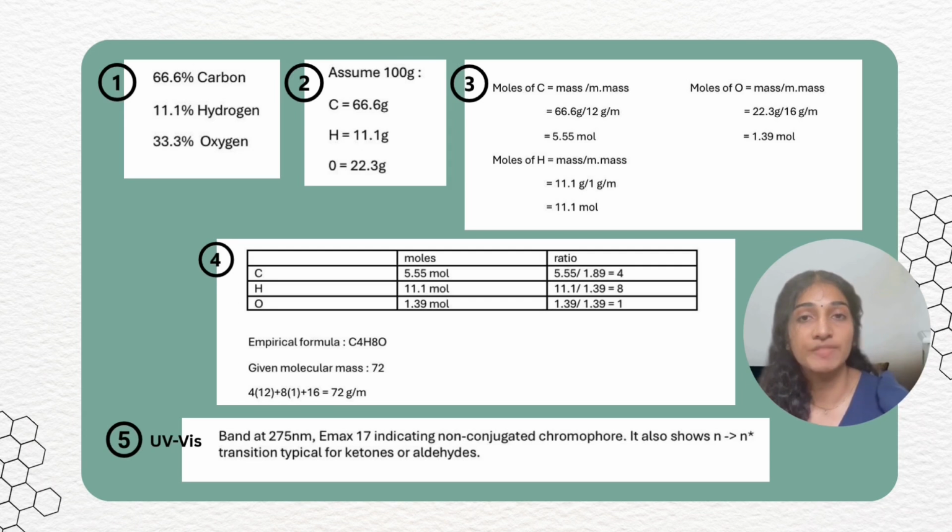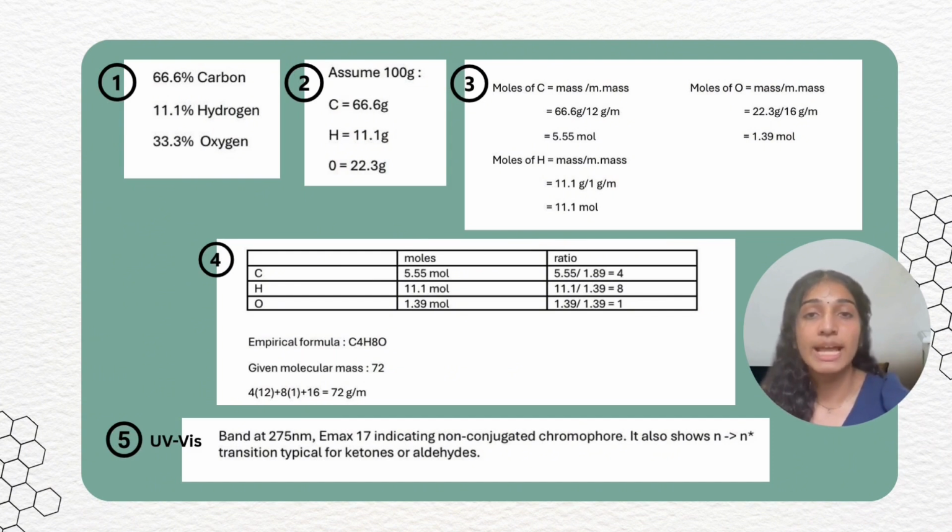Moving on to the UV spectroscopy part, the compound shows an absorption band at 275 nm with a molar absorptivity of 70. This low intensity indicates a non-conjugated chromophore, since strongly conjugated systems typically have much higher epsilon max values.